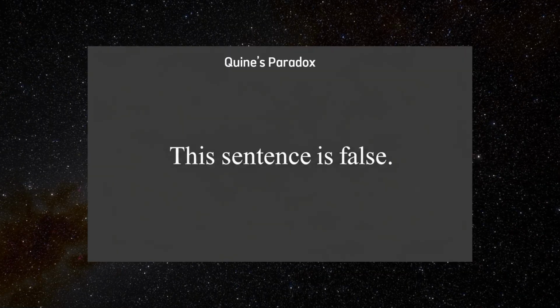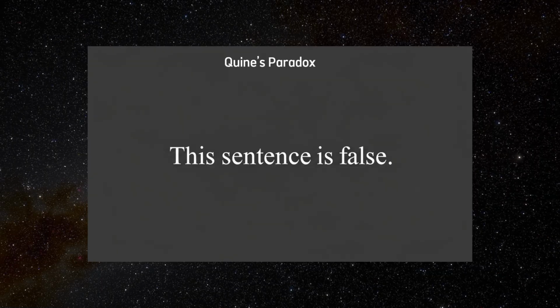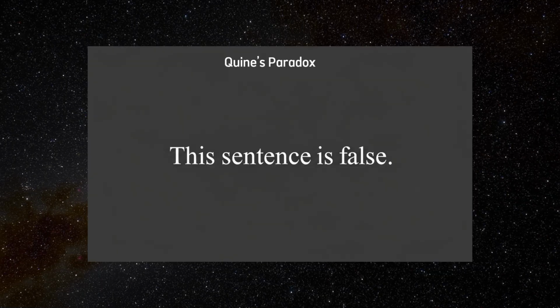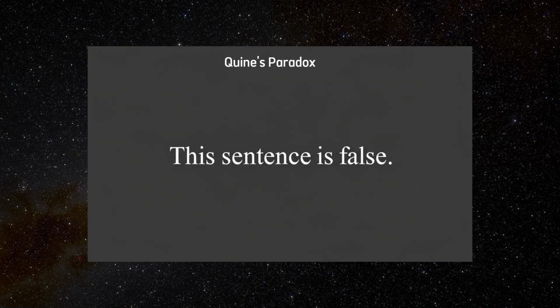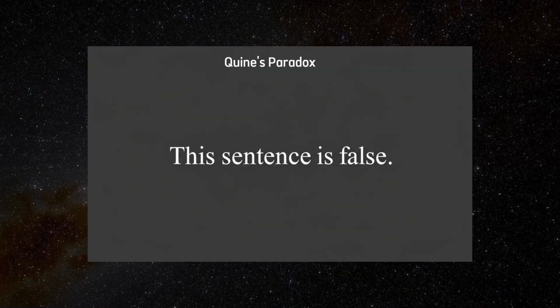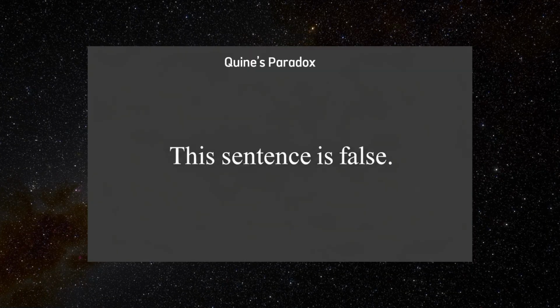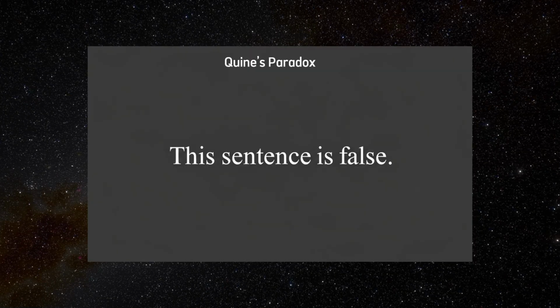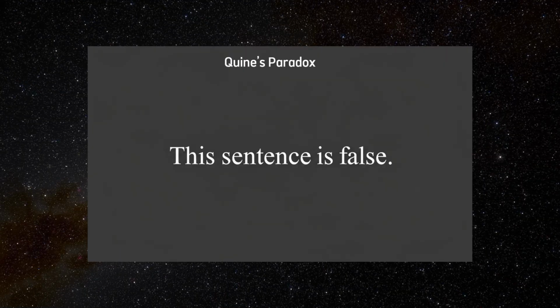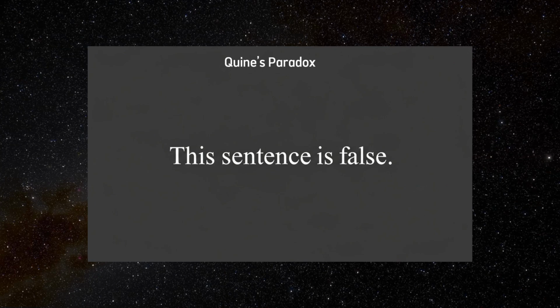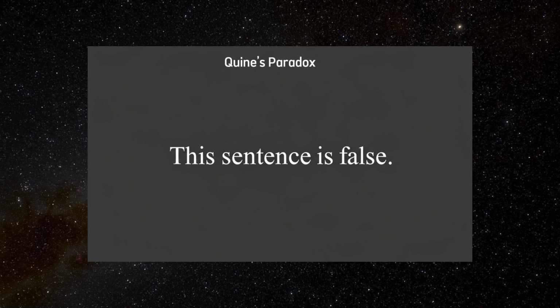If the sentence is false, then what it asserts is not the case, which would mean that it does not yield falsehood when preceded by its quotation. In other words, it is true. Again, contradiction. Thus, we end up in a similar situation as the Liar Paradox, a sentence that cannot be consistently classified as either true or false.